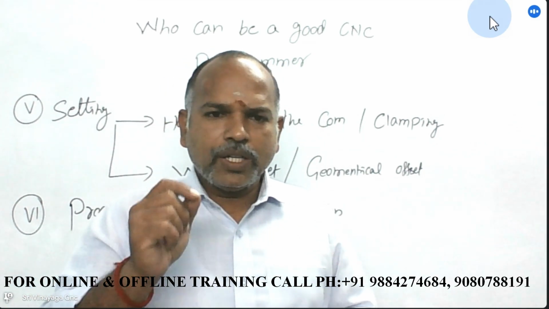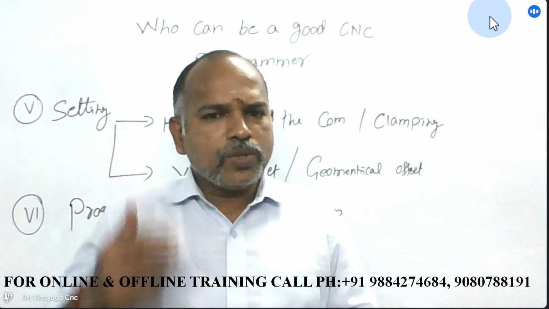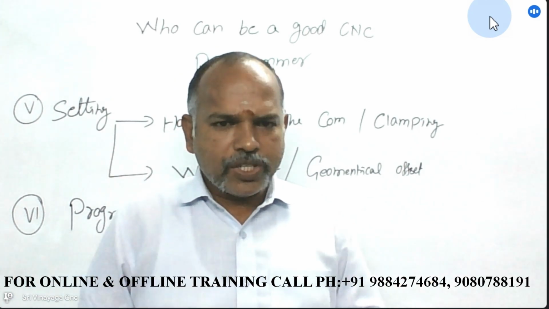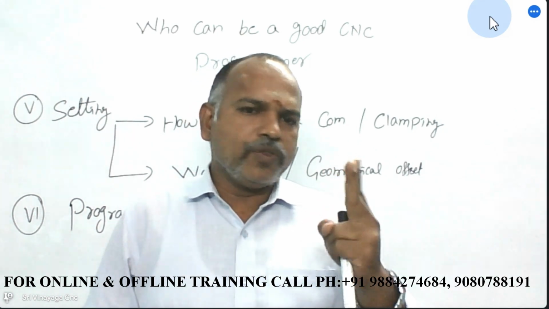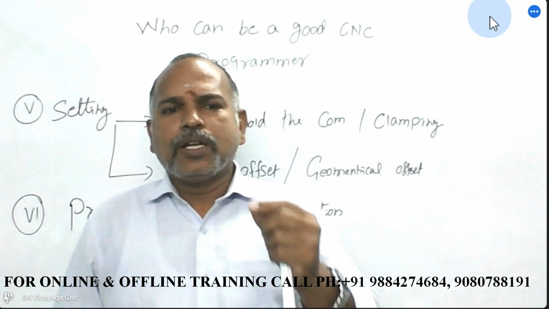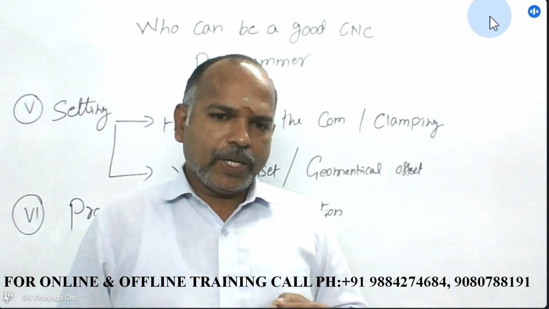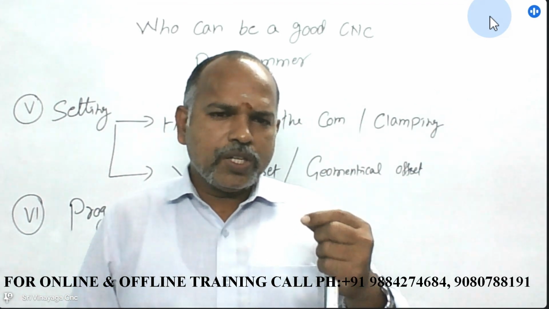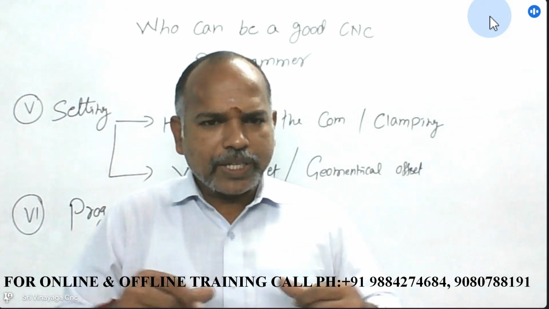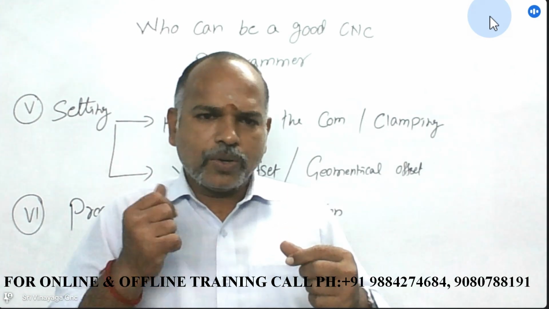For quality, basically we use 2 instruments. If you want to check an engineering component, we basically use 2 instruments: the vernier caliper and the micrometer. So we should have knowledge about how to handle the vernier caliper and how to handle the micrometer.